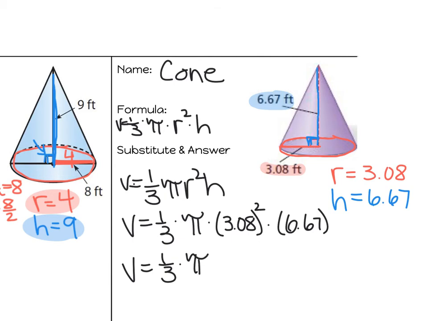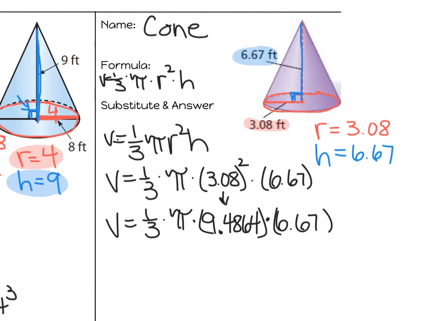So I'm going to put 3.08 squared into my calculator. And I get 9.4864. And then times 6.67. You don't need the parentheses, but I do think it just looks nicer because of the decimals and the multiplication dot. It can get a little confusing.